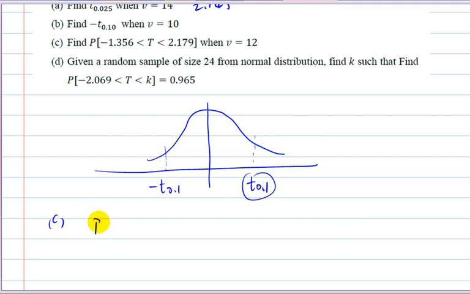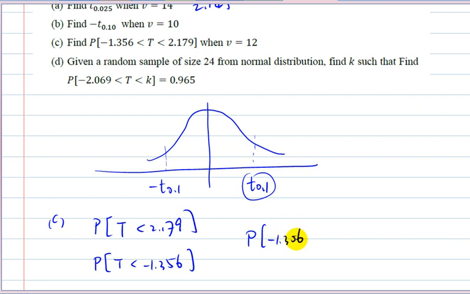So I need to find the probability of T less than this, and the probability of T less than this. Then overall, the probability of this will equal to this minus this.